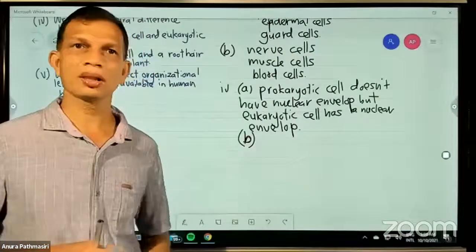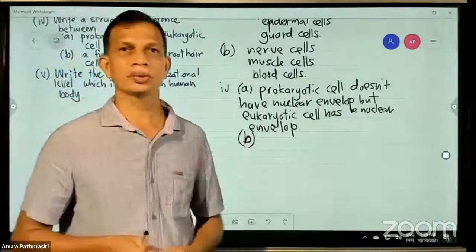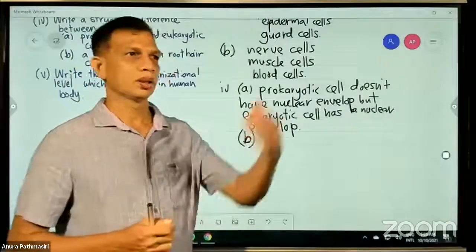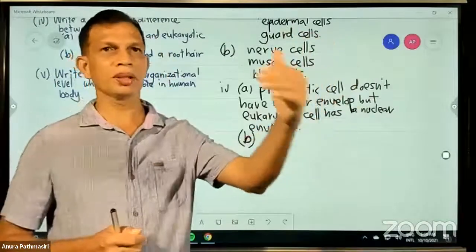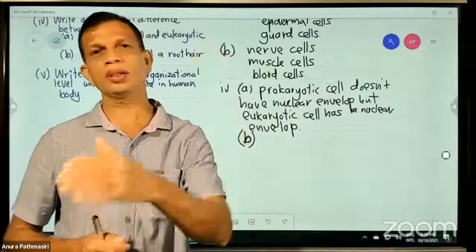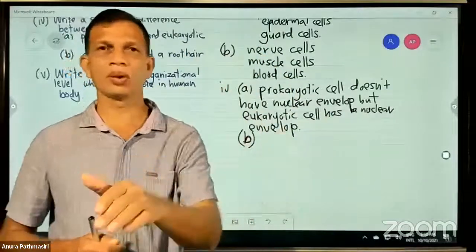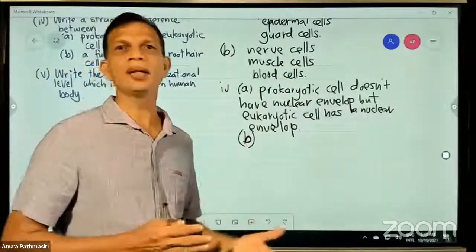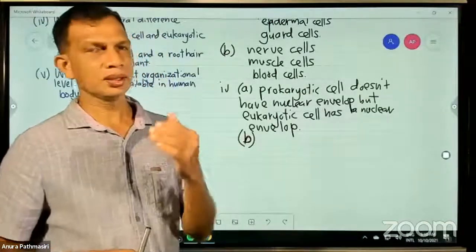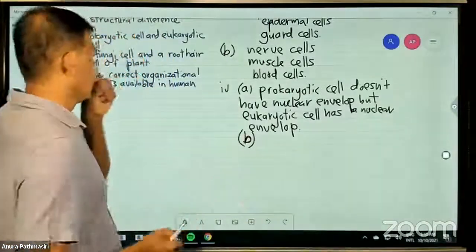So when we study the fungi, there we have to study about the cell wall. Fungi cell wall is made of chitin, the chitinous cell wall. And the plant cell, of course, we know that it has a cellulose cell wall.